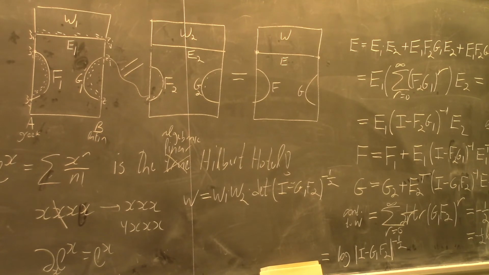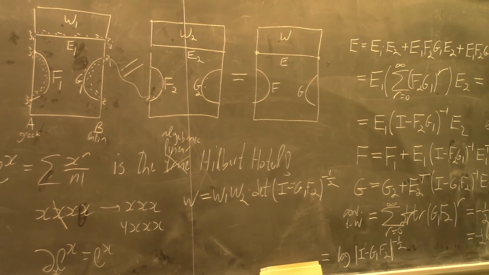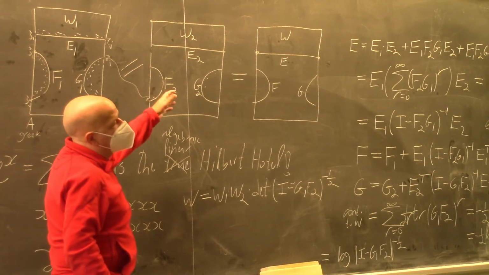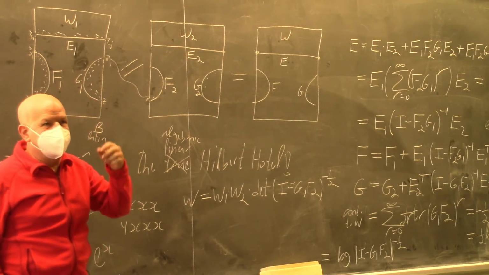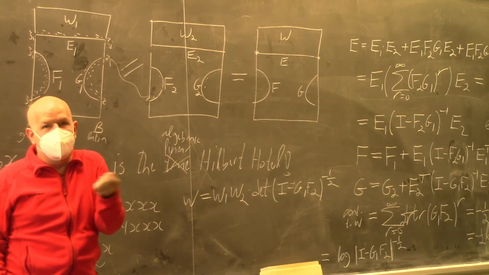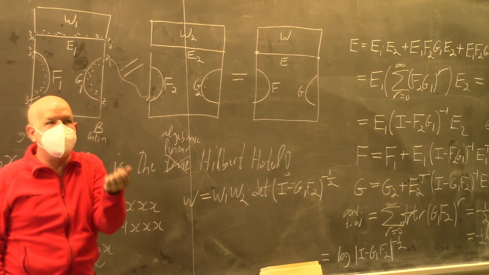But as I said, let's verify it. Yes? Quick question about the formula for G, why are you taking E transpose? Well, because I'm going backwards, and you have to think a little bit what it means in terms of the indices.